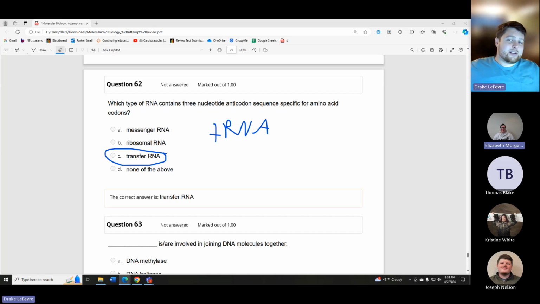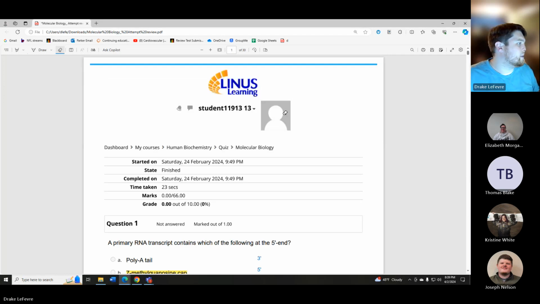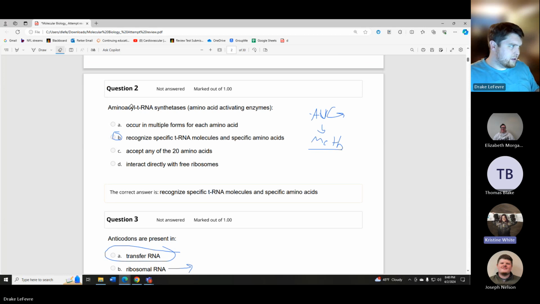It's not an isomerase. Remember, isomerases rearrange. So we need to synthesize our aminoacyl tRNA, so we use a synthetase. Amino acid tRNA synthetase.